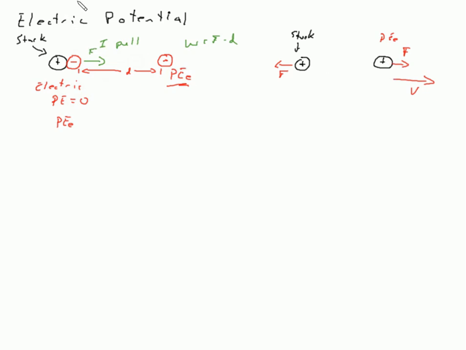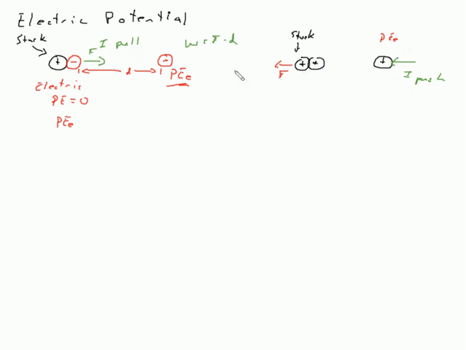But let's look at the situation similar to what we just did with the negative charge. Let me come in here and apply a force to it. I push on this positive charge against the repulsive force of the other positive charge. As a result, eventually we get the positive charge right up next to the other positive charge.